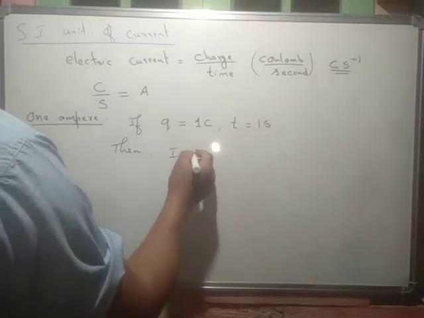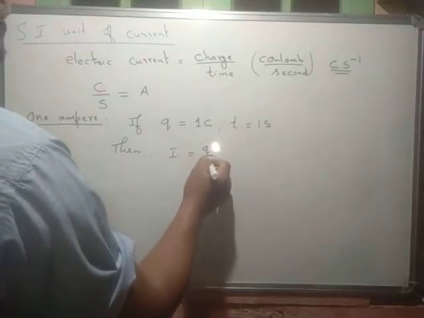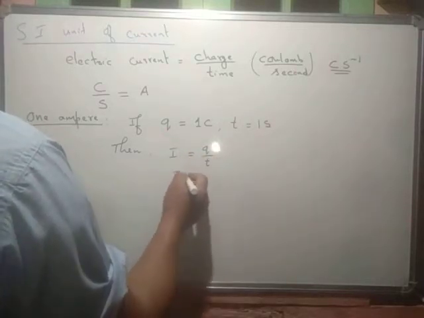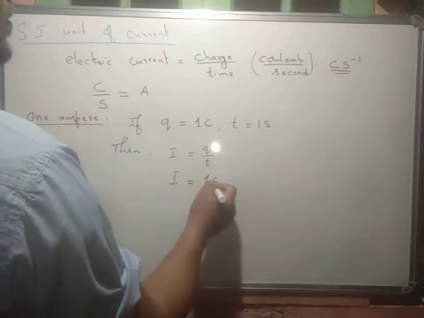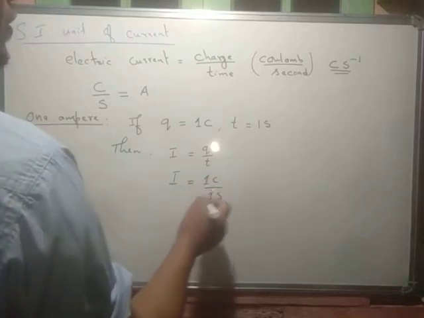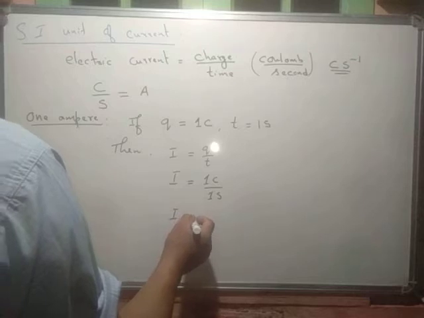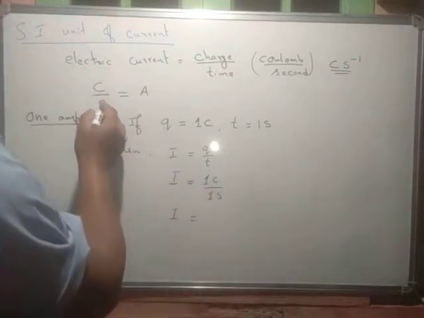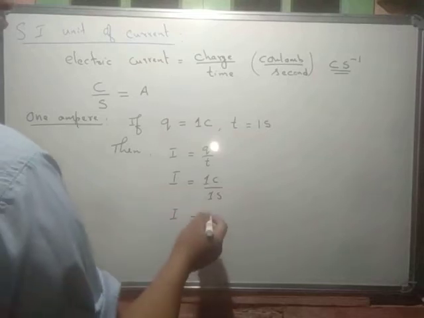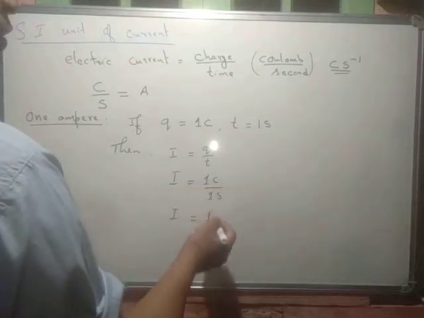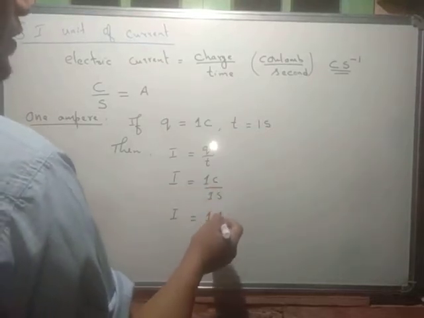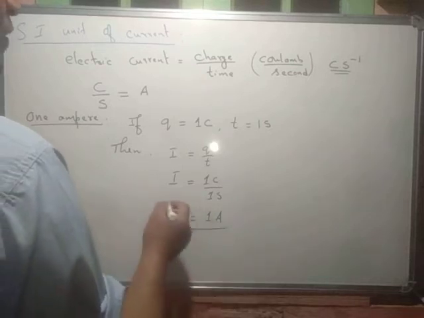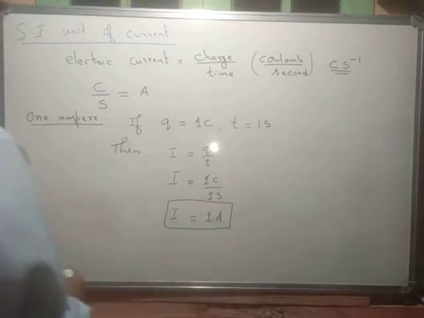Electric current is equal to Q upon T. Now charge is 1 coulomb, time is 1 second. So I is equal to 1 coulomb upon 1 second, but coulomb upon second means ampere. So 1 by 1 is 1, so this is 1 ampere.